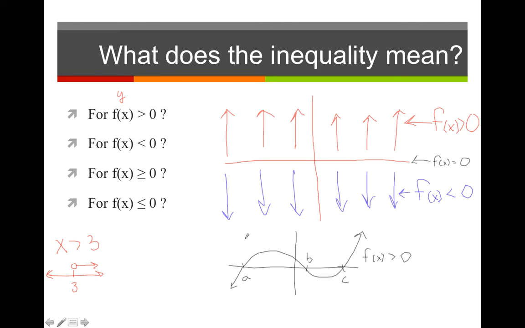So that would be between A and B, and everything bigger than C. And because I don't want to know where it's equal to 0, I would write this in interval notation as going from A to B, not inclusive, union, going from C to infinity. So notice you really need to know where your x-intercepts are.